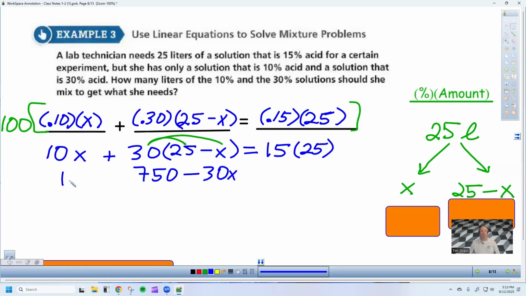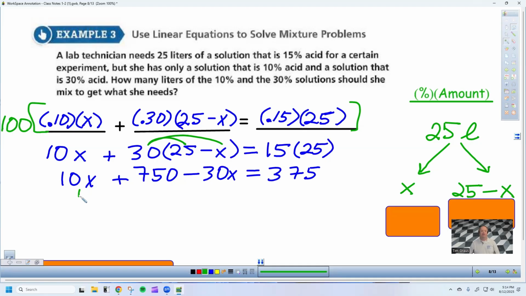Don't forget this plus 10X that was at the beginning. And on the other side, 15 times 25 is 375. I did these calculations earlier on a calculator, and you can certainly use Desmos or a graphing calculator to do multiplication like that. Now I have like terms to combine.